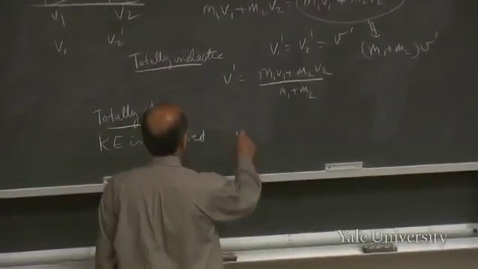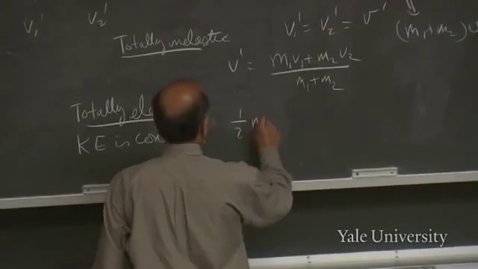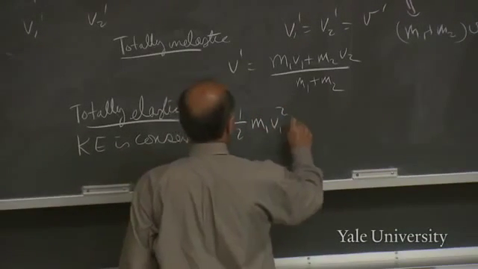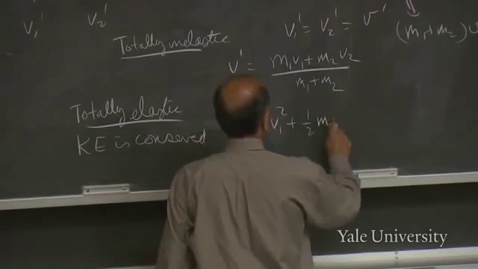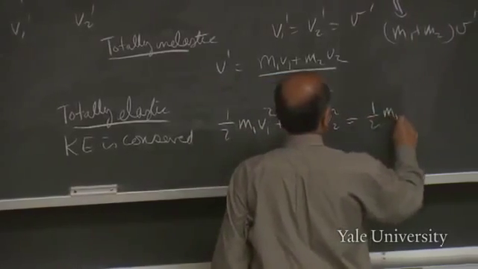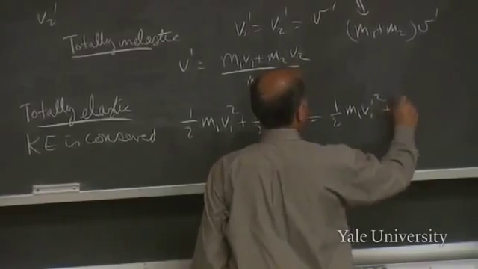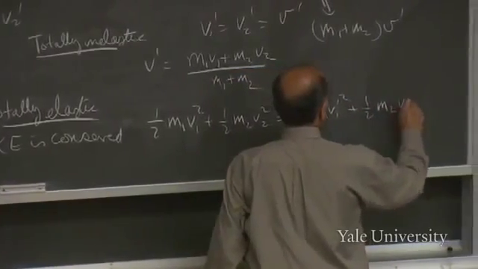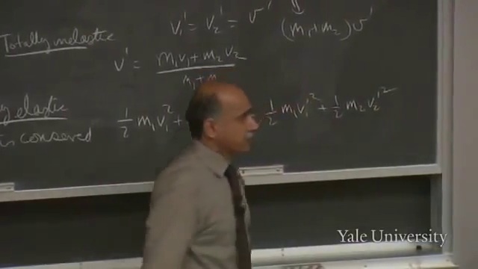That you can write as the following relation involving quadratic things. 1/2 m1 v1 square plus 1/2 m2 v2 square is equal to 1/2 m1 v1 prime square plus 1/2 m2 v2 prime square.